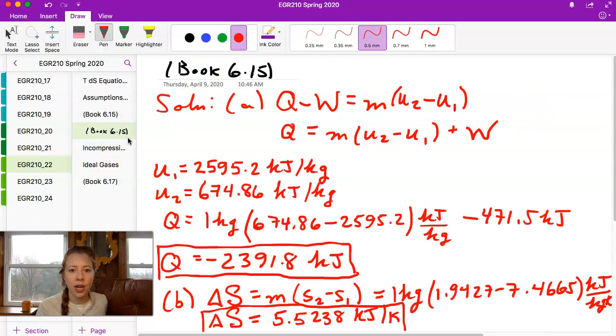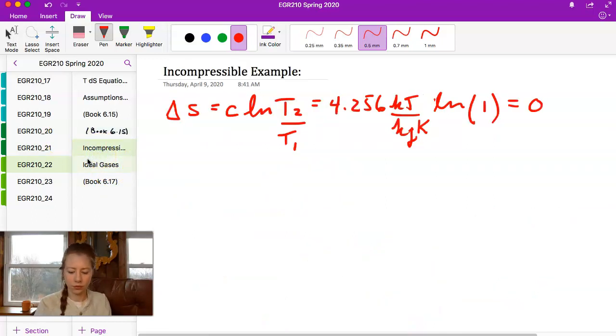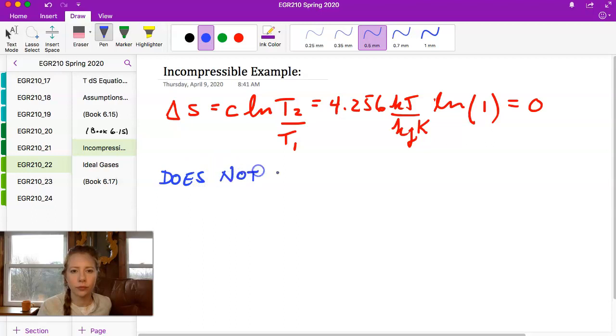So looking back, our change in entropy was 5.5238 kilojoules per kilogram Kelvin. So it does not apply to our problem 6.15.